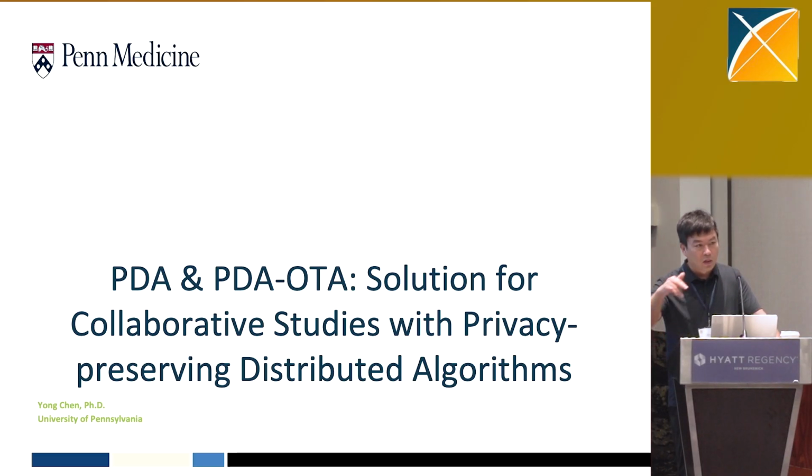Of course, in OHDSI we have some truncation rule: if you have a sparse table, we need to truncate the number below 11 or 5, depending on the context. But let's not talk about things like differential privacy. I think sometimes it's overcomplicating things. So really, PDA is emphasizing that we are sharing aggregated information to allow multi-site studies.